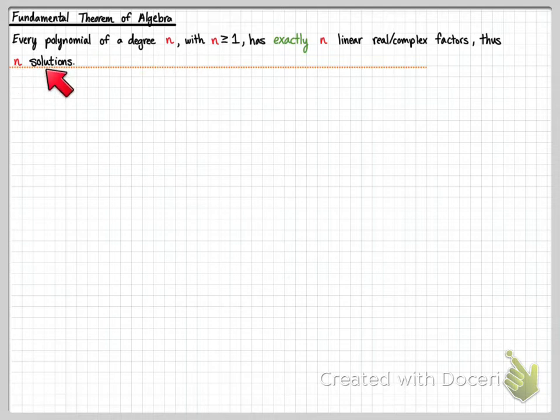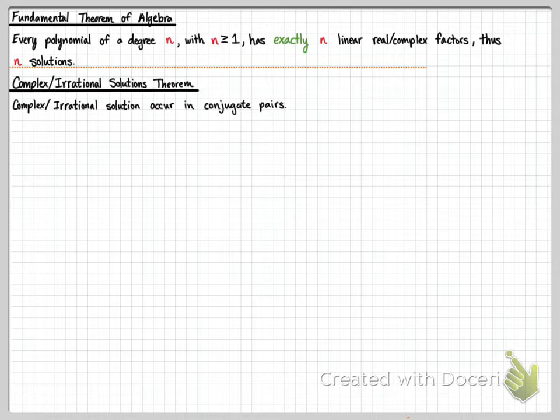Okay, so that's all that means. Now, it also says real or complex. We have not talked about complex, so I left this in the definition because that's the fundamental theorem of algebra, but we're not going to go over the complex factors because we have not done complex numbers. That's with the i. Some of you have done those and some of you haven't.